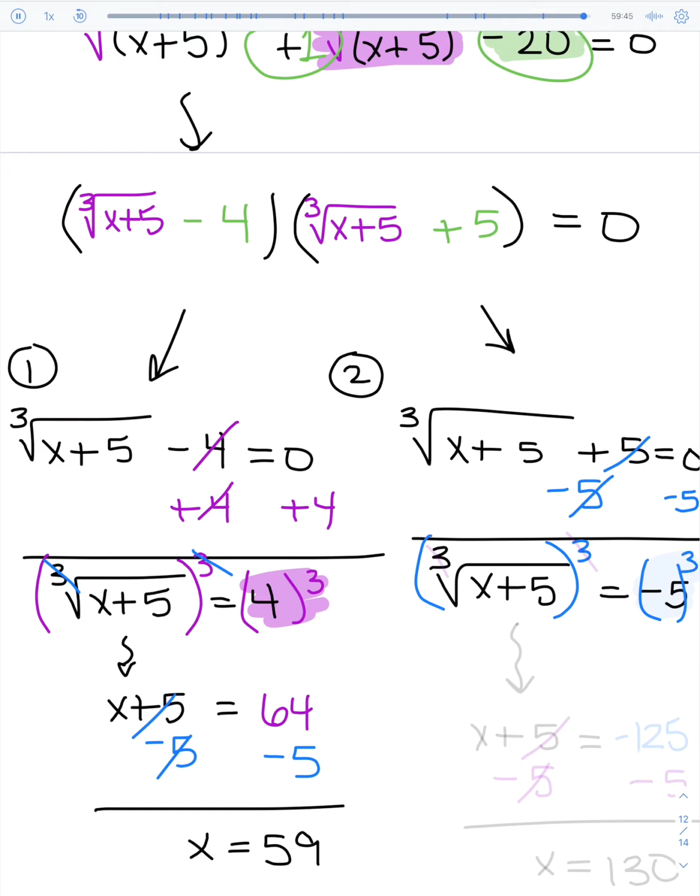Notice that cubing will get rid of the cube root and leave us with what was underneath, the x plus 5 equals, now on the right-hand side we have negative 5 cubed, which is negative 5 times negative 5 times negative 5, which is negative 125. Last step would be to move the 5 over to get the x by itself. We'll subtract 5 from both sides, which will get us that x equals negative 130. So that's our second answer, and we're done.